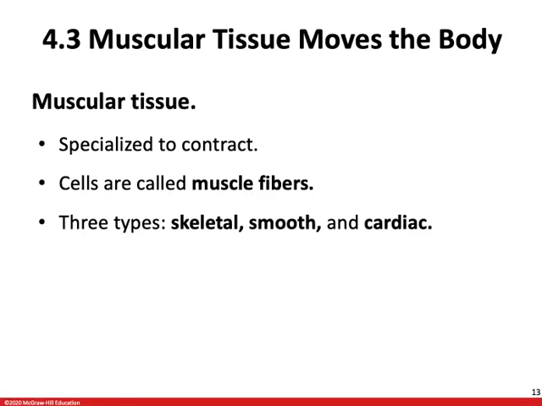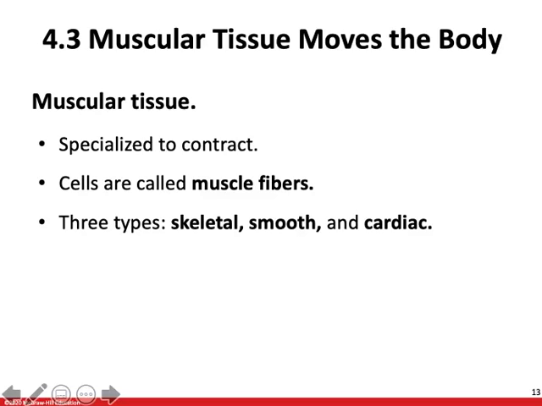There are three types of muscles that vary in structure, location, and whether they are voluntary or involuntary in their movement. Skeletal muscles are attached to bones. They are responsible for moving the body and are primarily under voluntary control.